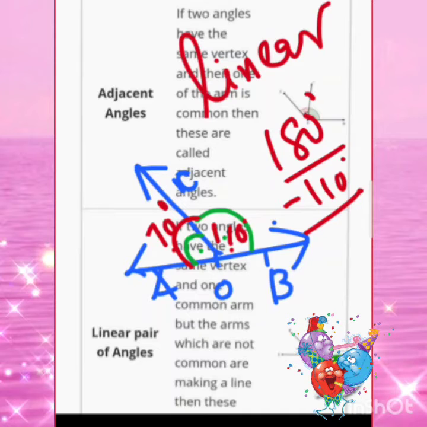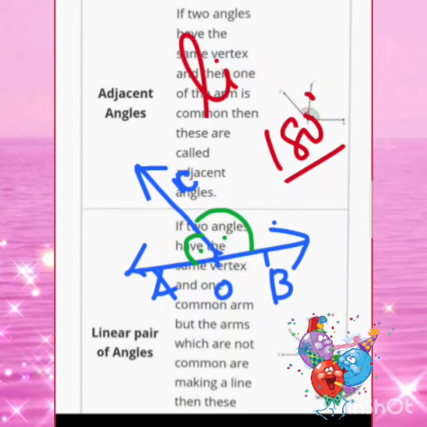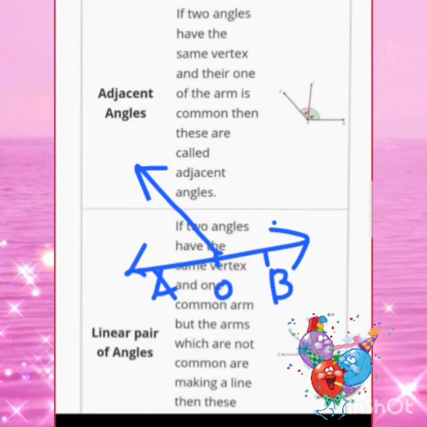And beside this, dear, you can see OC is a common arm between them, and O is the common vertex. So I should say angle BOC and angle AOC form a linear pair. So this is the complete clarification about the different types of angles we have seen here.